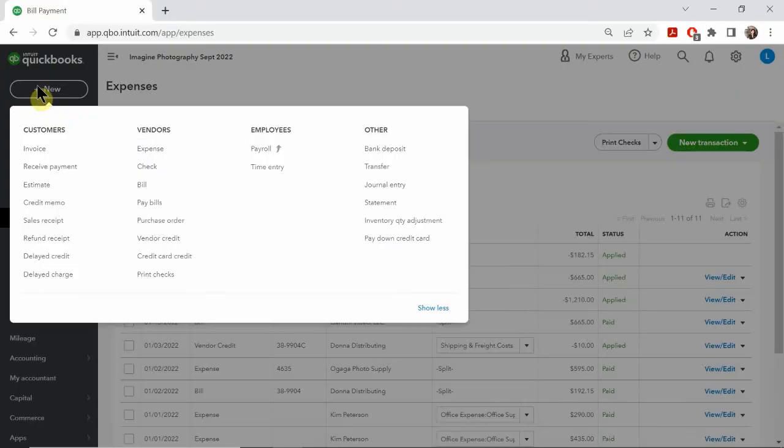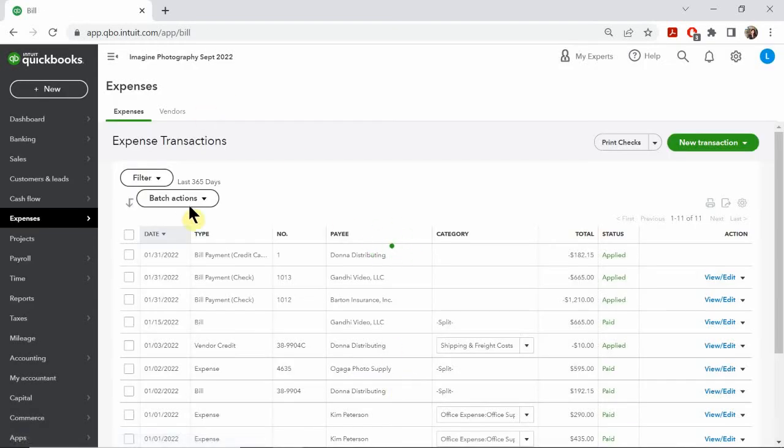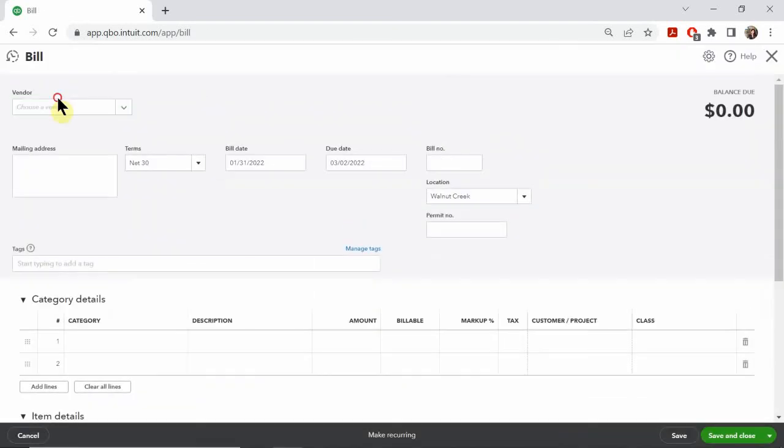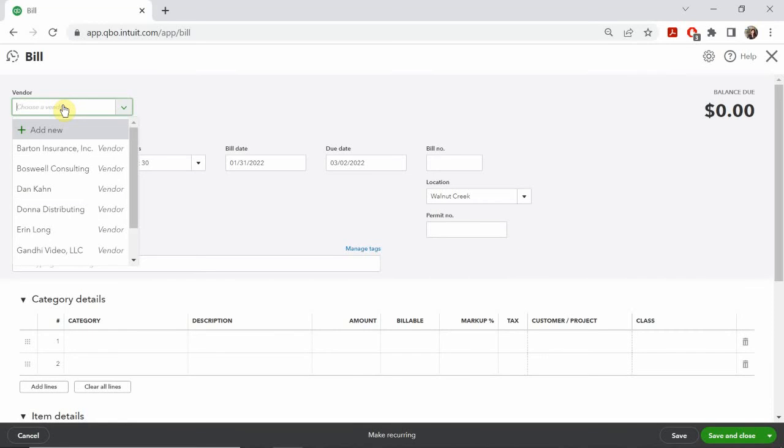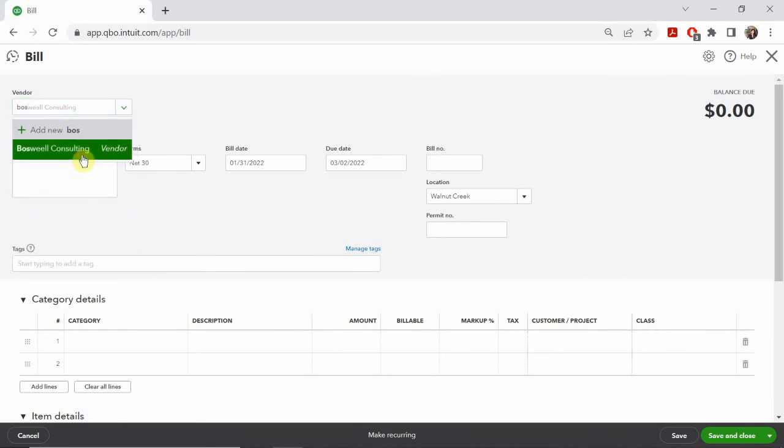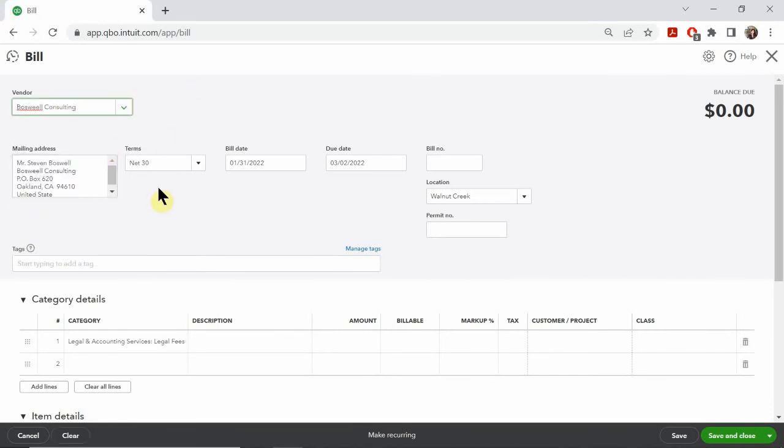So once again, I'm going to go to the plus new icon here and go to bill. Okay, and we're going to go ahead and receive the bill from Boswell Consulting. Here we go, Boswell Consulting. Okay, date is going to be the 15th of January.